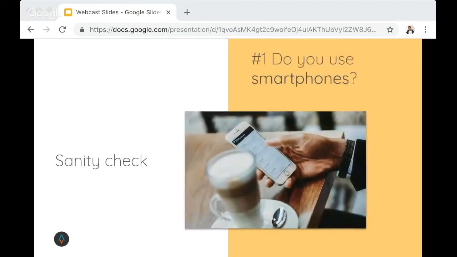So doing this sanity check, the first question is, do people in your company use smartphones? If they don't, then you're absolutely not ready to run pulse surveys, because the data collection overheads would be extremely high.